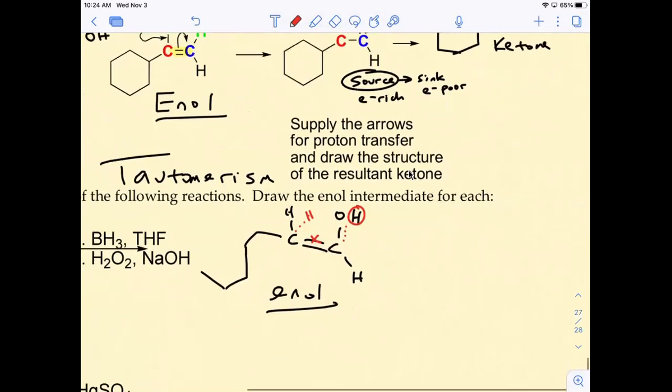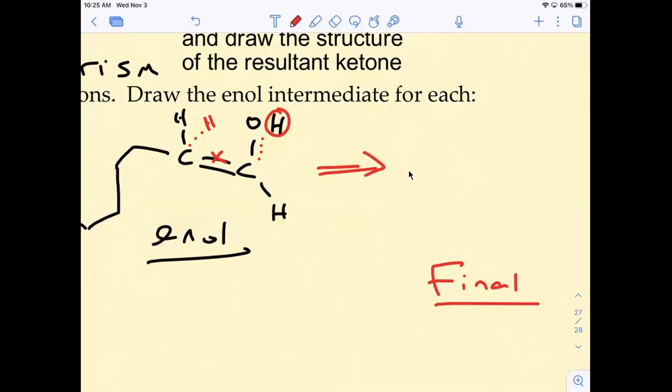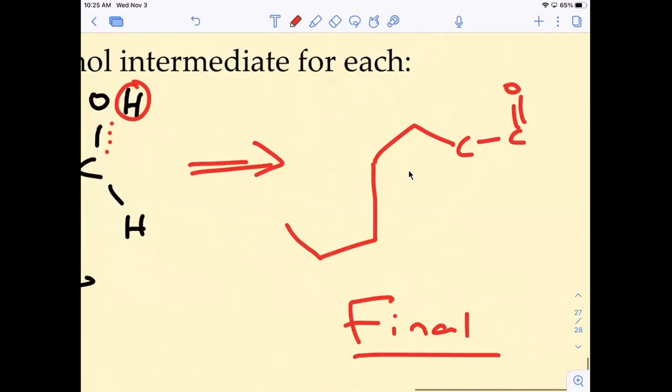So if I had to draw the final product, because that's what that is, it's because this is not going to stay like this. This is only an intermediate form of what the final product is. If I had to draw the final product, it would look like this, where this is carbon, that's carbon, like that.